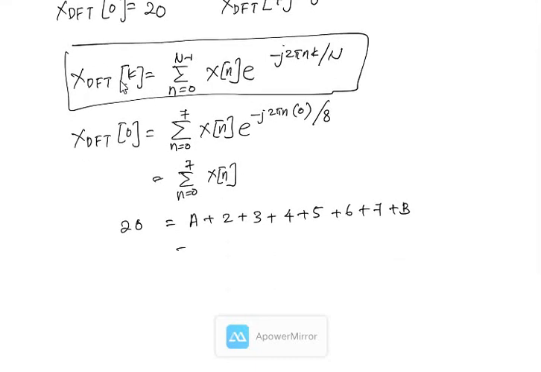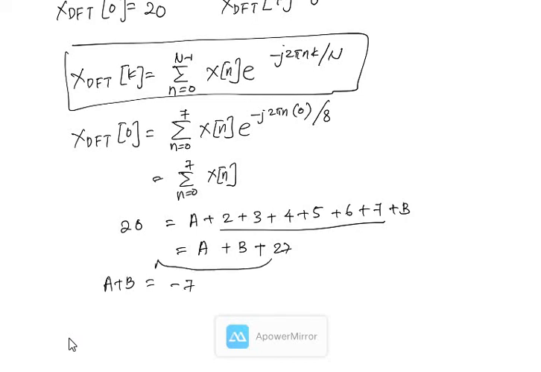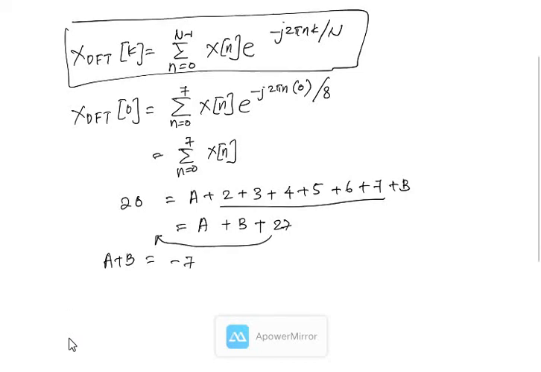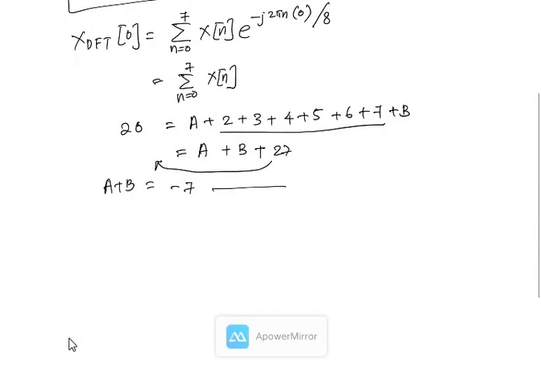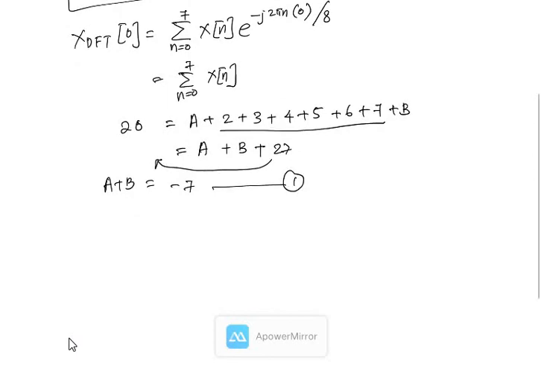When I solve it, I get a plus b plus all this, which is 27. So a plus b equal to negative 7 when you bring the 27 to the left. So it's negative 7. I assume this is equation number 1.